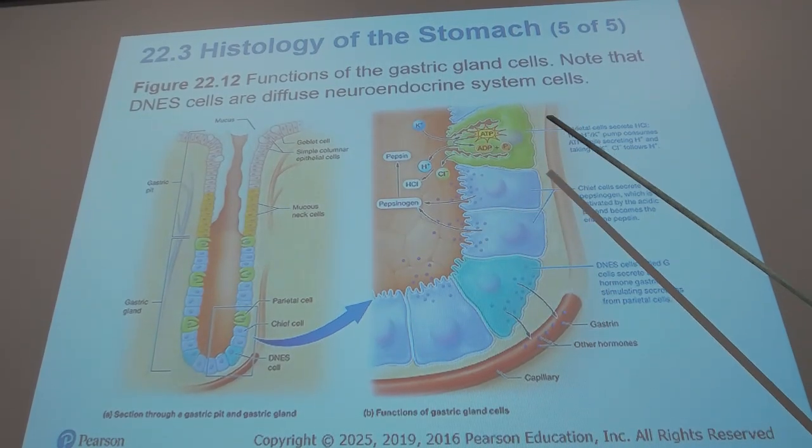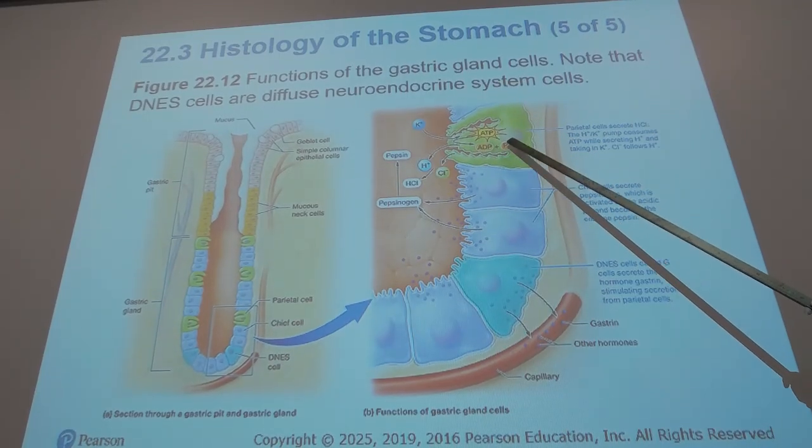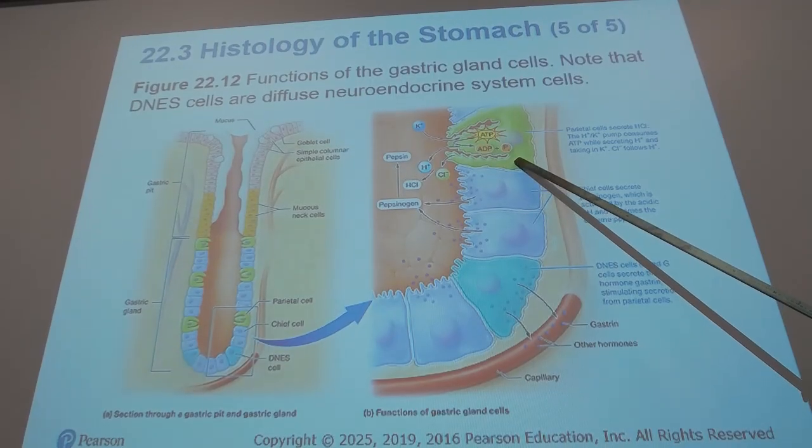Why don't we make hydrochloric acid within these cells? Well, because this hydrochloric acid can destroy these parietal cells if we don't do it like that.